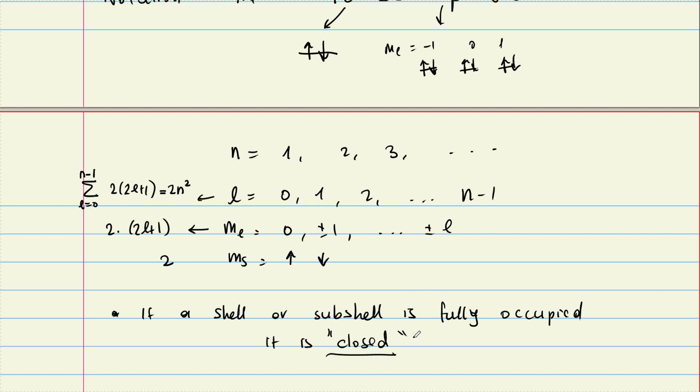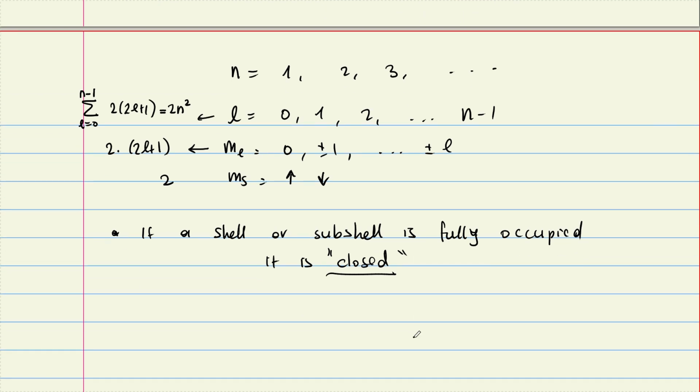Why don't they call it filled? They just call it closed. For example, closed S has 2 electrons. So closed P has 6 electrons, right?